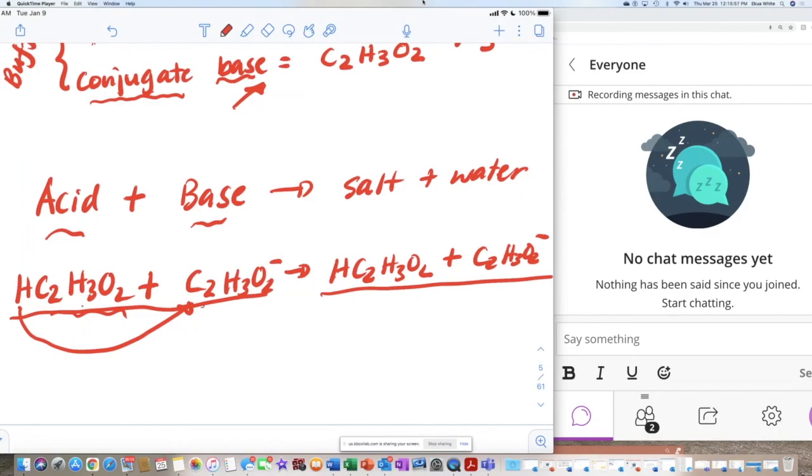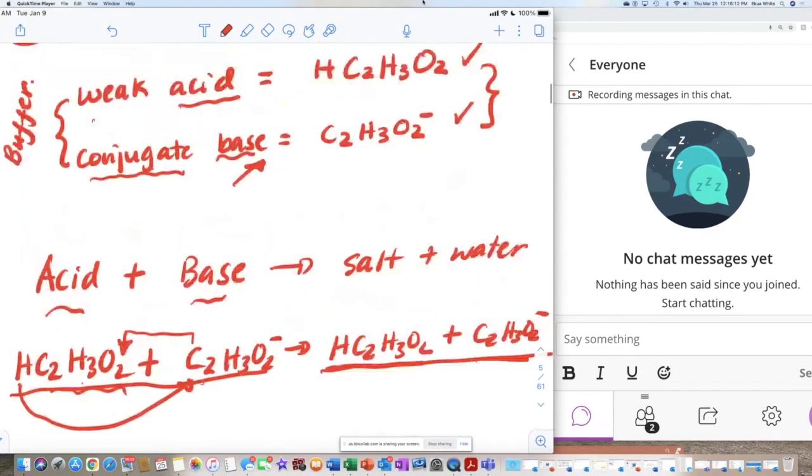So you pick a combination such that even if they happen to react with each other, they will reform each other. So you still have your ingredients that are going to neutralize the acid and the base. Okay. So that's the other thing here.